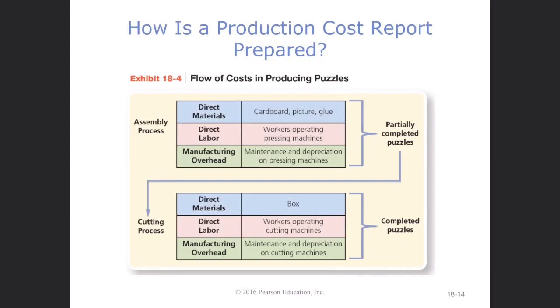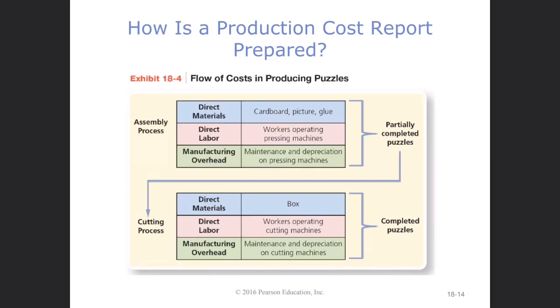Once we have partially completed the puzzles, they are then going to move over to the cutting process. They're still not finished and ready for sale yet, so they're still going to be in our direct materials, direct labor, and manufacturing overhead accounts because we haven't completed them. So now our direct materials, we have a box, and the labor is the workers who are operating the cutting machines.